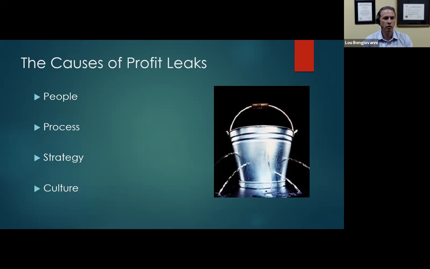Those variables can cause profit leaks. Strategy, what the owner's goals are for the company or that product or service or initiative, can vary at times, and those changes can result in profit leaks. And lastly, the culture, the overall ownership and feel for the company, changes in that, and again, that could be very dynamic, can result in profit leaks.